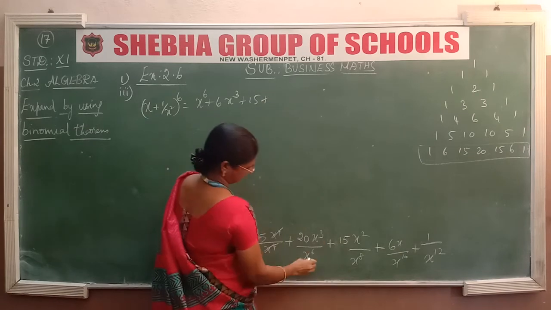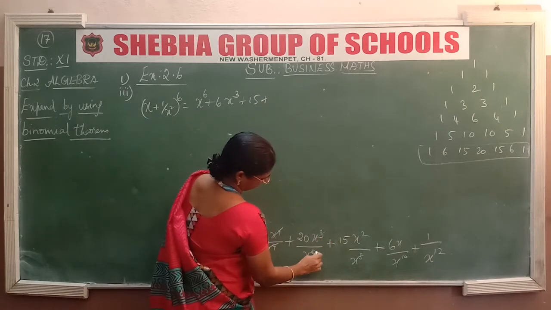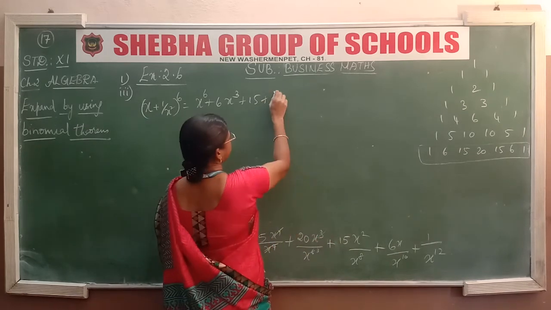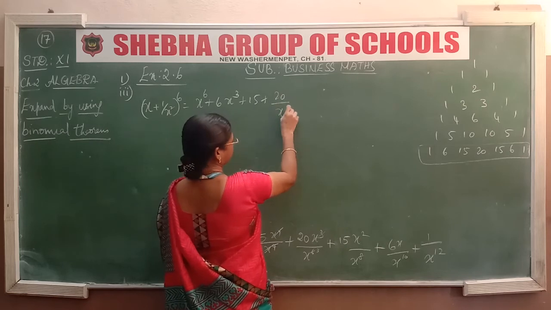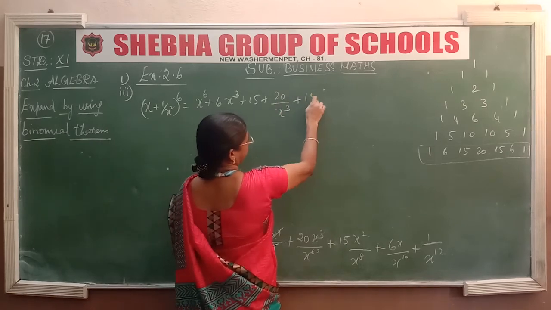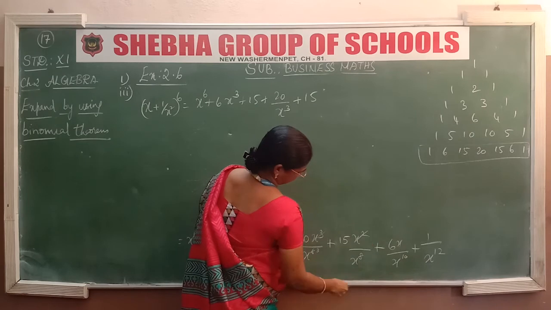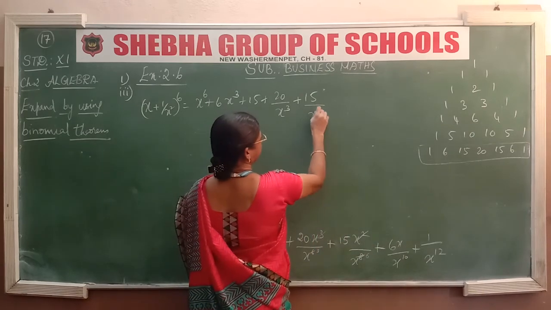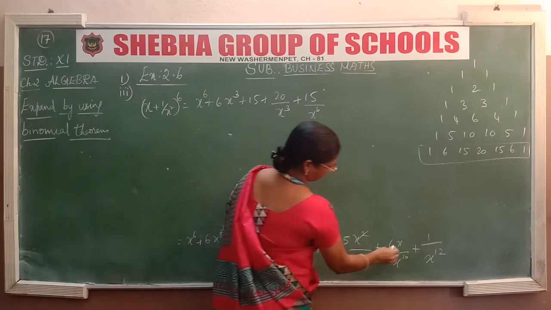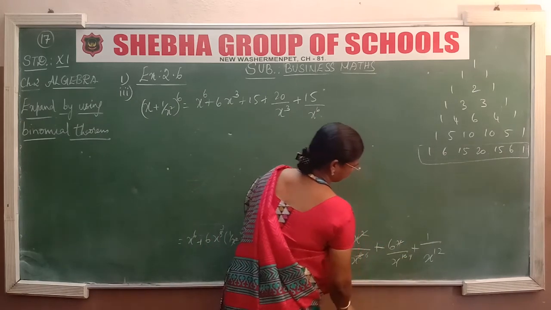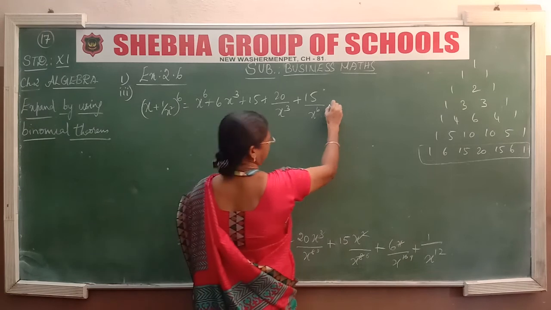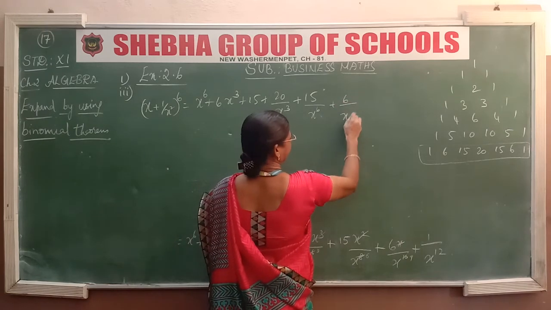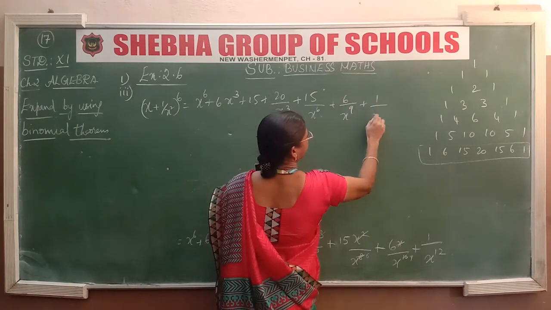Plus, cancelling x cube, here we get 3, that is 20 by x cube, plus 15 into, cancelling this, we get 6 here. The denominator x power 6 we are having. The last one, cancelling this, 10 becomes 9, plus 6 by x power 9, plus 1 by x power 12.